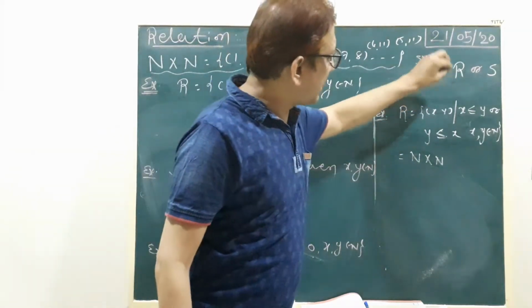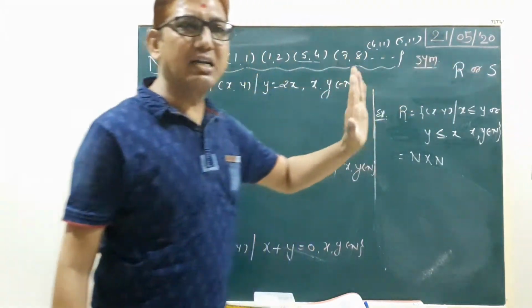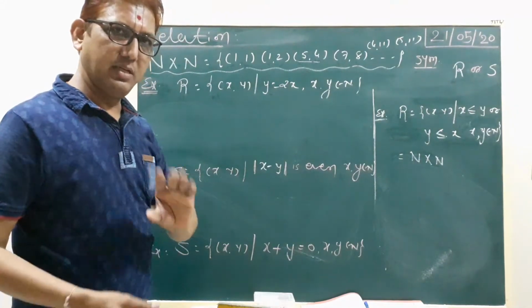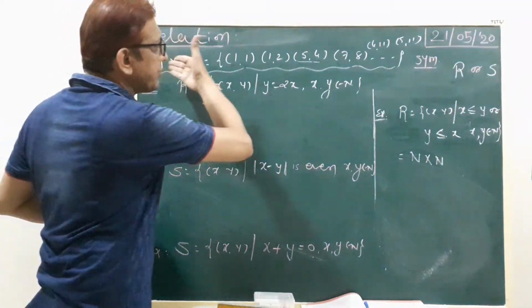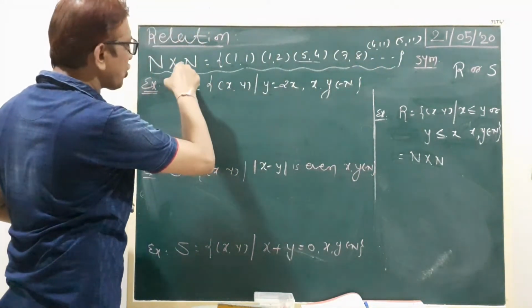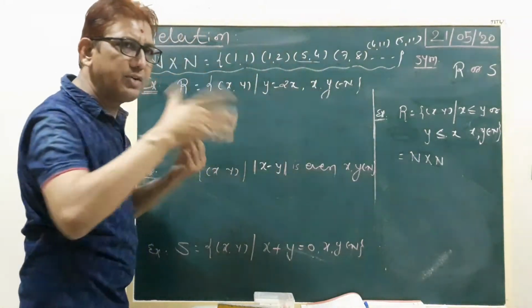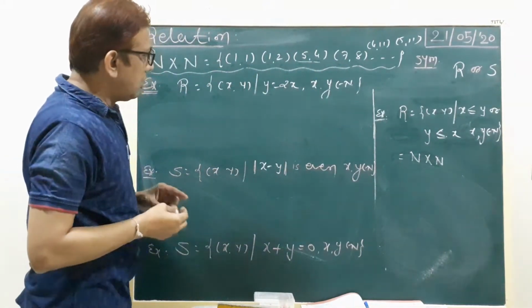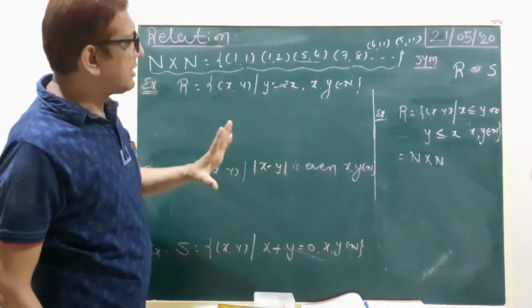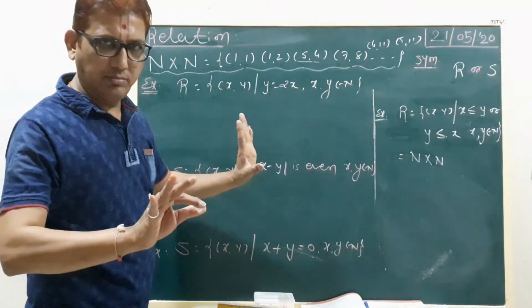So you can use any one symbol, R or S. Now this is our universal set. N cross N is our universal set. Now we select a subset.